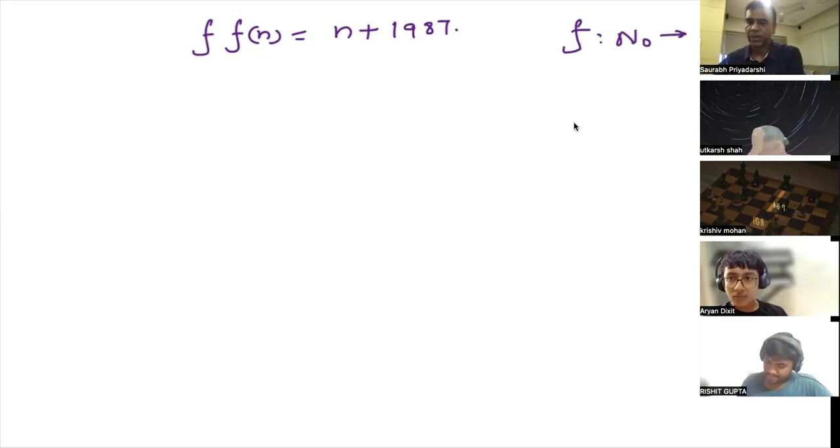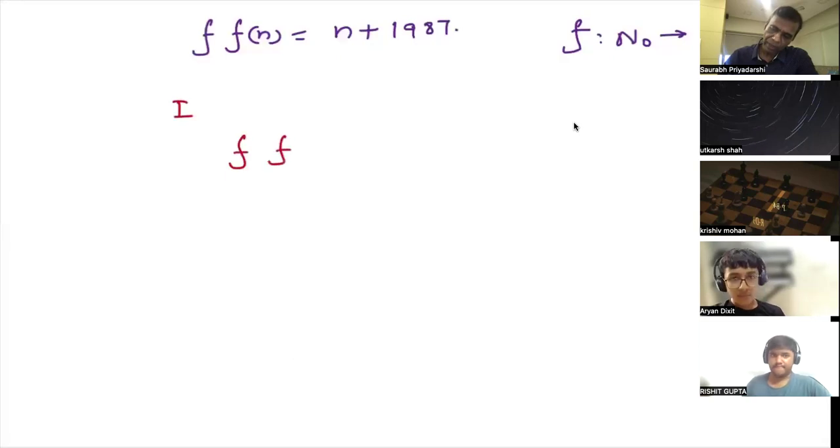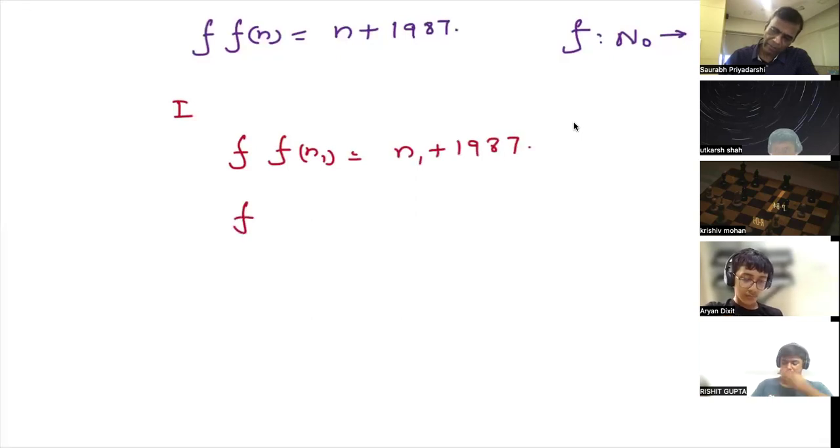First observation on this is that I'm saying f of n1 is equal to n1 plus 1987, and f of n2 is equal to n2 plus 1987.